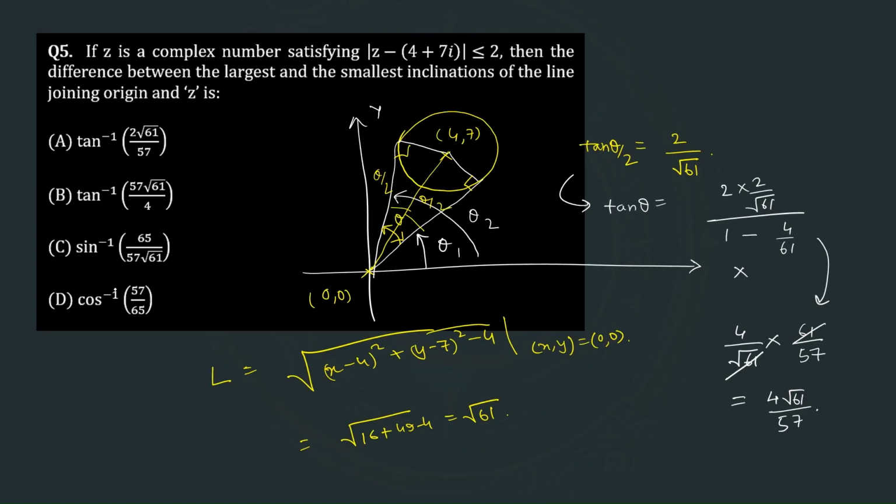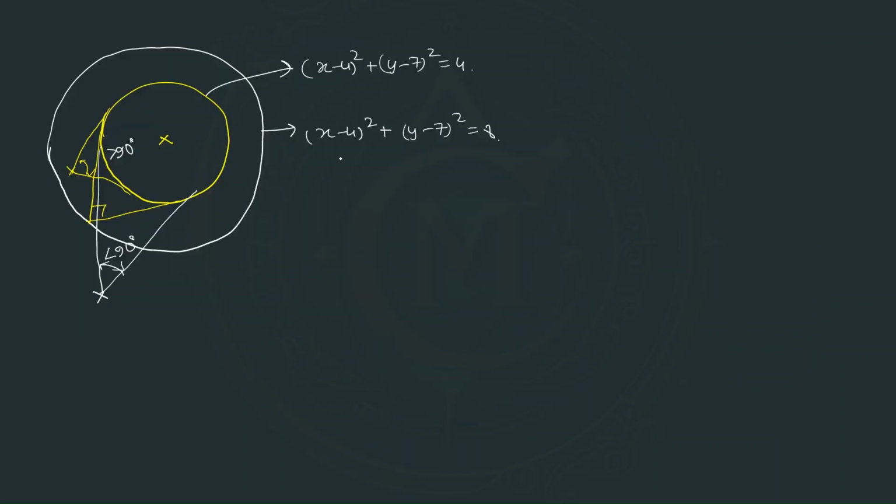Now if we see this particular case which is given to us in this problem, this 0 comma 0 lies outside the director circle of this circle, because you can check by putting 0 comma 0 in this equation. You will get (x minus 4) whole square plus (y minus 7) whole square minus 8 greater than 0. That means the point lies outside the circle.